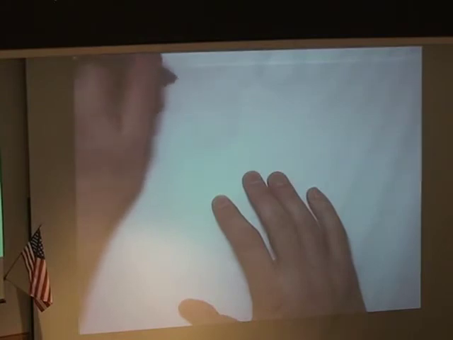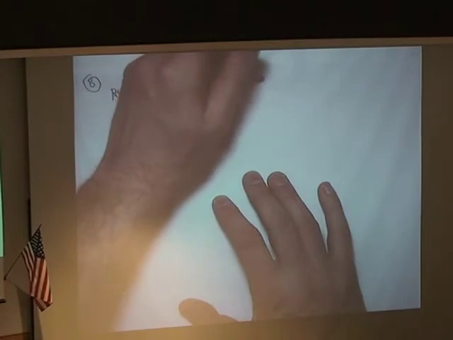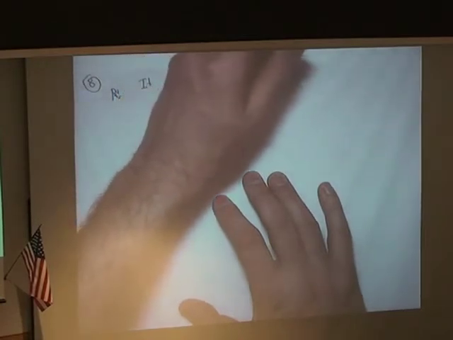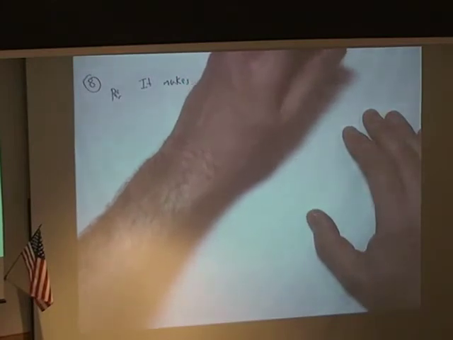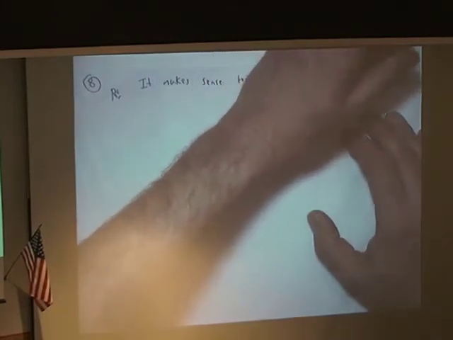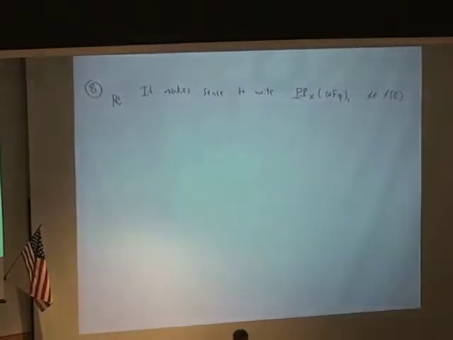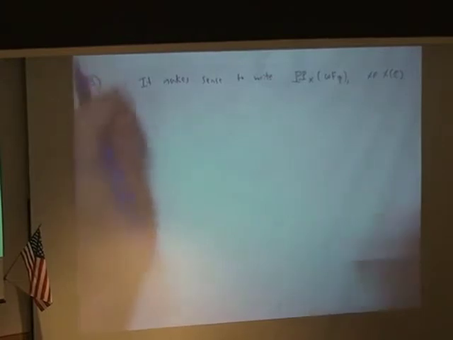So from that lemma, in particular, it makes sense to talk about the principal part at x of this differential omega f eta for x in X of C. This is a meaningful concept. So now, what do I want to do?